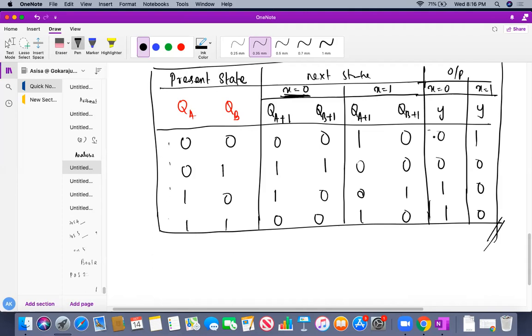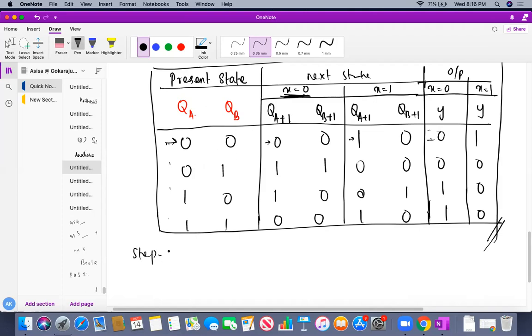But here we don't have any similar present state, so it is not possible to reduce the number of states, because no present state, next state and output are the same. See here, this is my present state, next state is 0 0 and also 1 0, and output is 0 and 1. Are there any other such states? If not, we cannot reduce it.